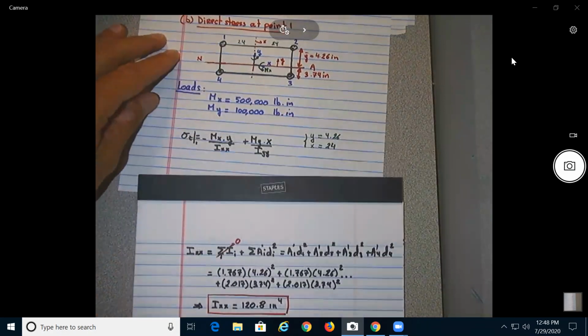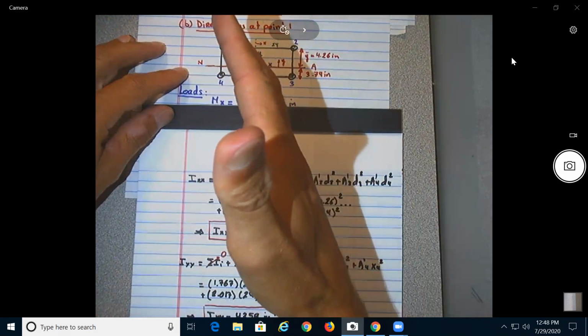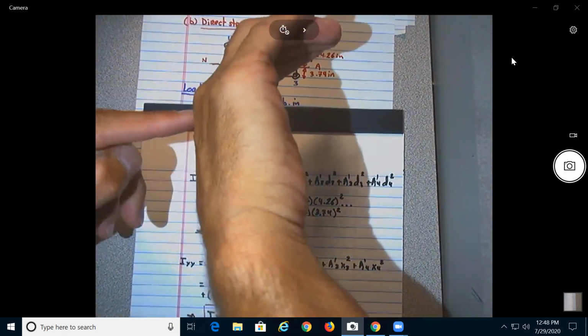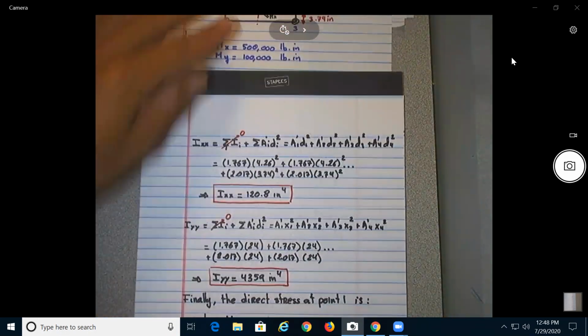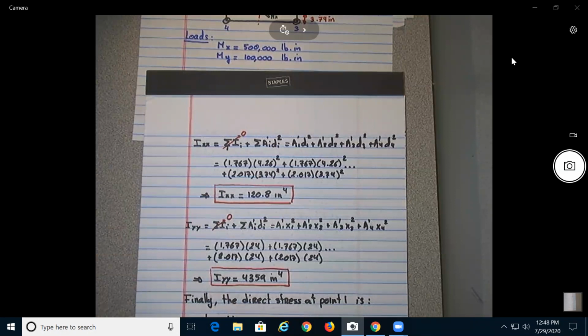Now, if this is bending this way, so now 1 will be in tension. So I think it's what we had before, no? So this term will be in compression and this term will be in tension.